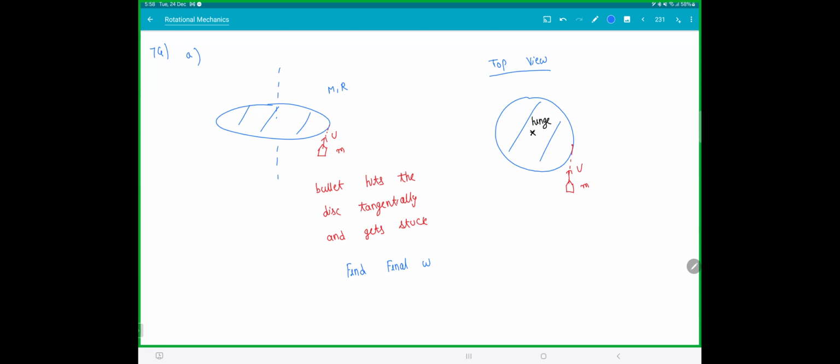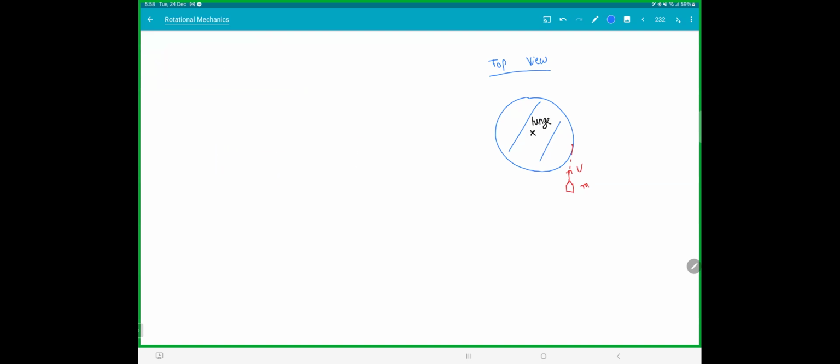Again, masses are not same. So you can clearly see here.